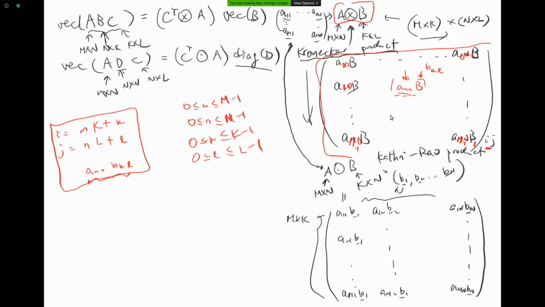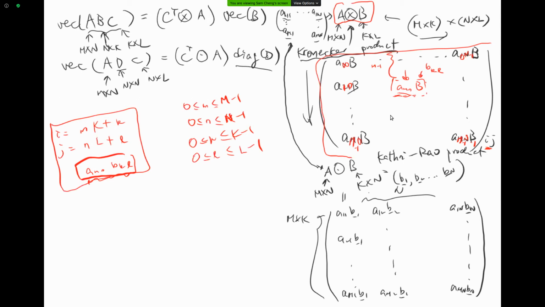Because you just do a simple counting here. If I have A_mn here, then the element A_mn times B_kl should fall inside this A_mn times B tile, or this submatrix here, and I should count how many rows are above that, like m minus 1.